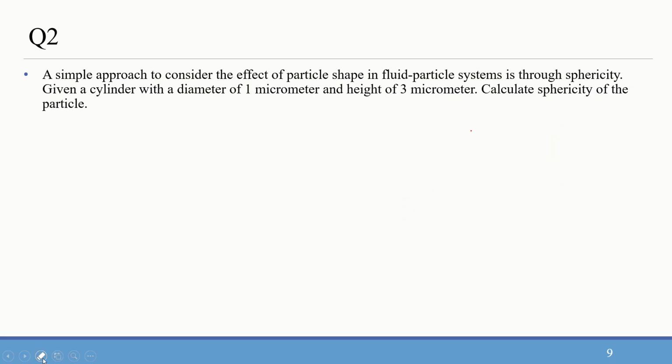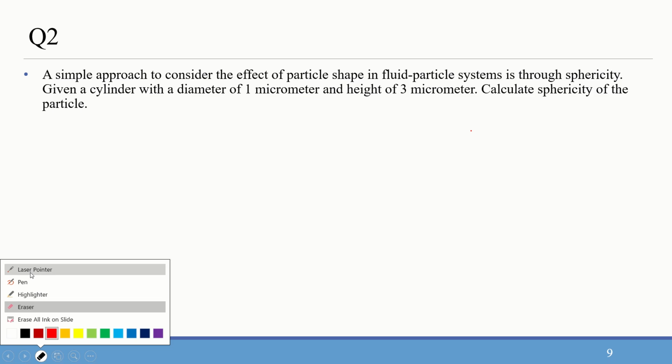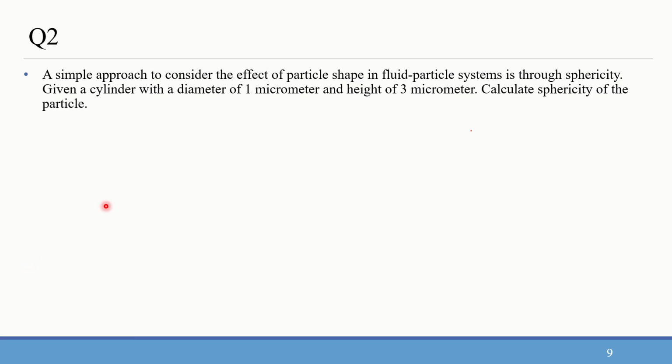So again, whenever we are talking about particle shape, we require some base to which we can compare its shape. Let us say we are traveling on a road. If it is a straight road, we can say that it is a straight line. But if it has a 30-degree deviation, we can say it is 30 degrees deviated from the normal line.